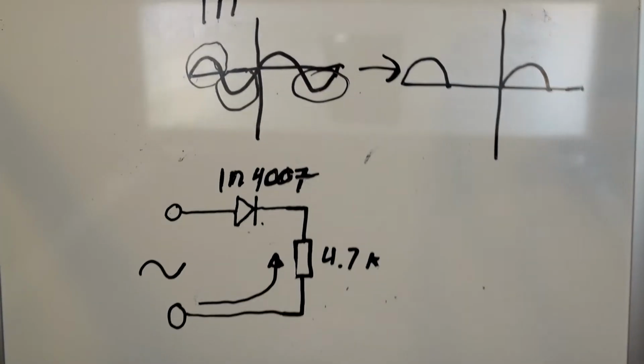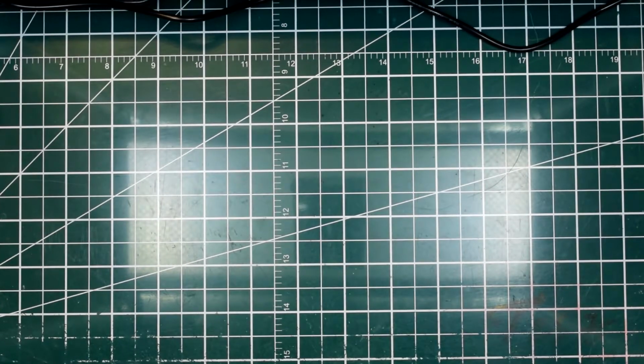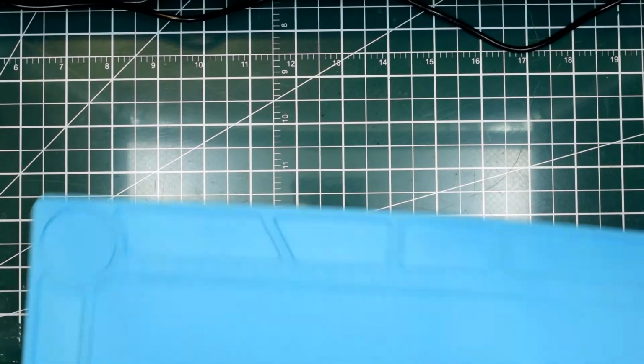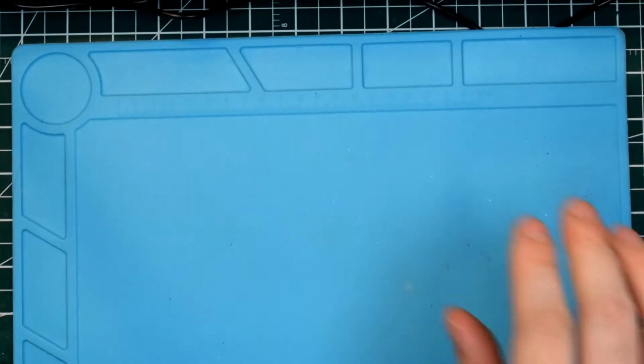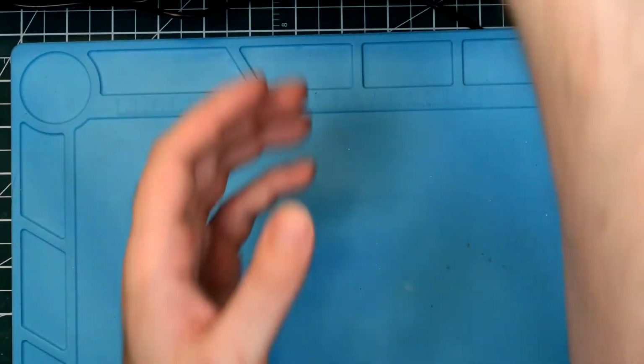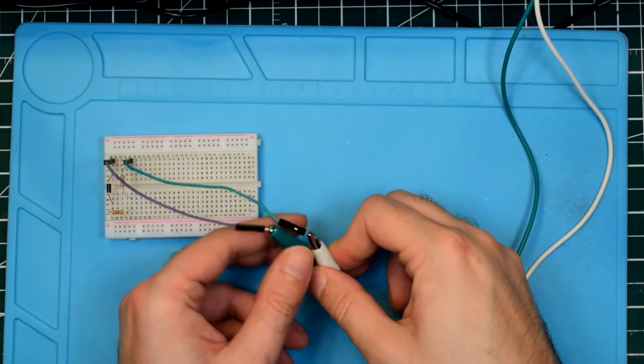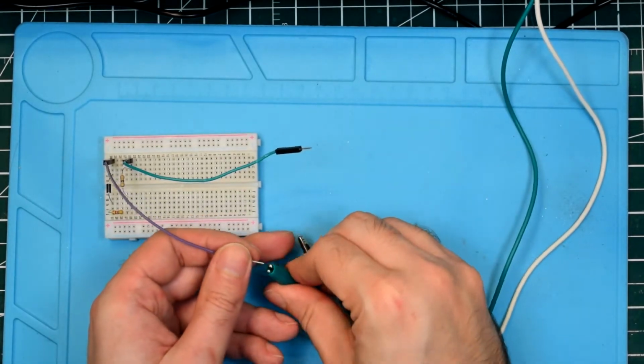So we're going to go ahead and take away the whiteboard, and I'll grab my nice anti-static mat here, and go ahead and grab a circuit that I built earlier.